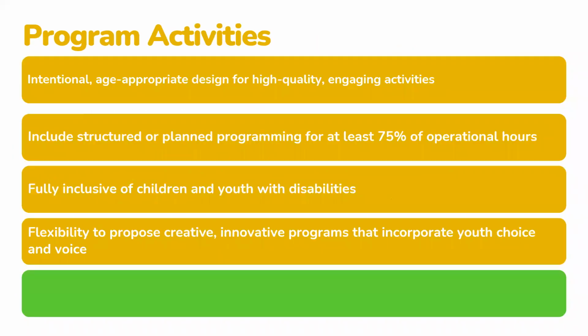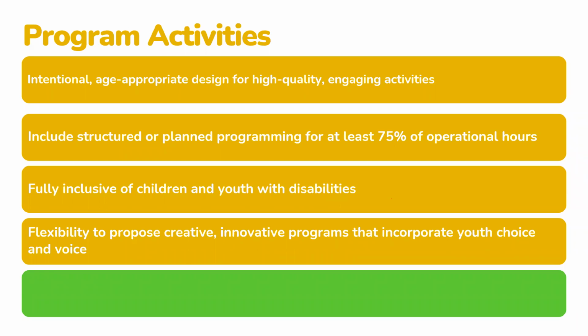Okay, so important to know about program activities. All activities should be intentional, age appropriate, high quality, and engaging for the children and youth. So in the K through 12, because now you're possibly applying for distinct age groups, it's important to keep in mind that with that flexibility and ability to design programs, we are still expecting to see that the activities meet intentionality and age appropriateness.